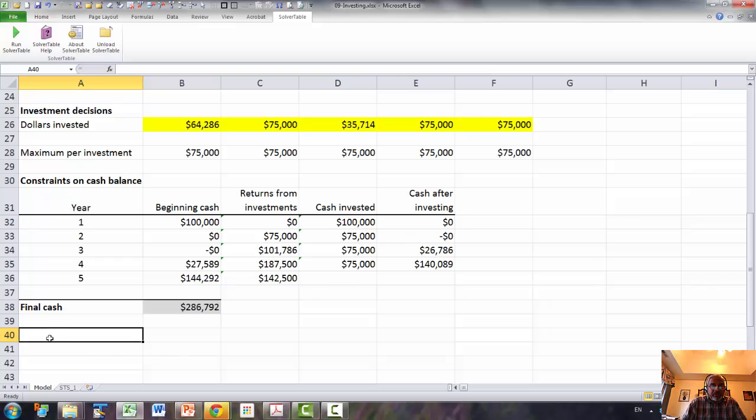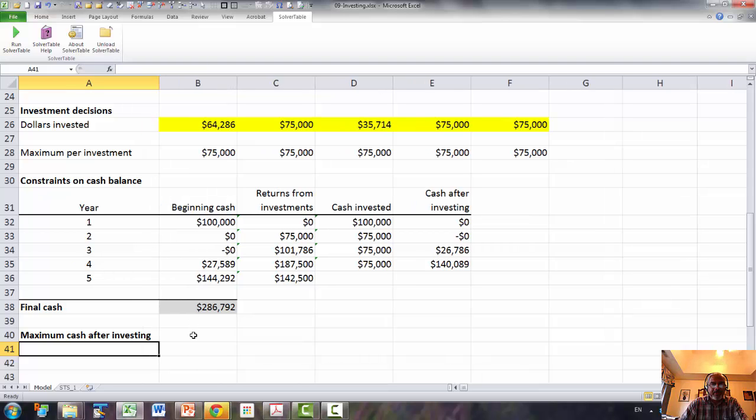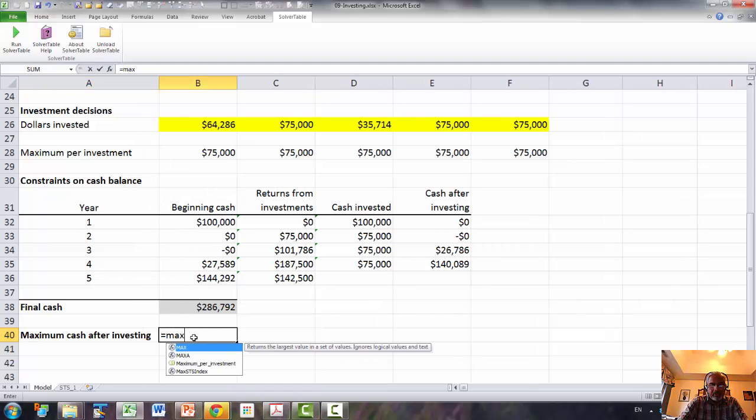So let's use maximum cash after investing. Okay, so that's cash after investing, but we want the maximum, and we do that.